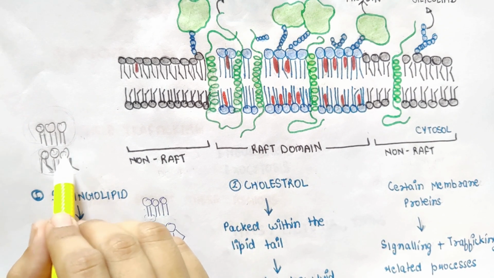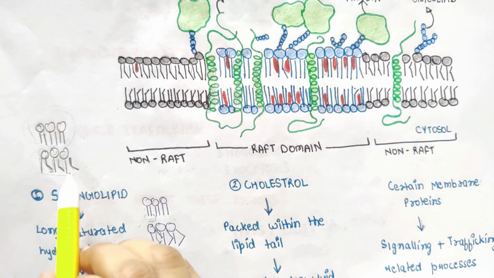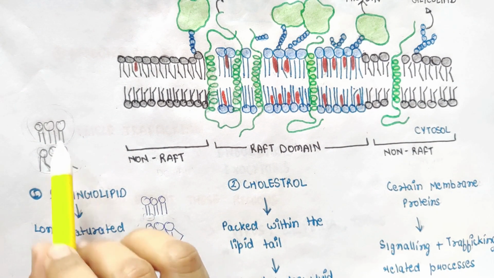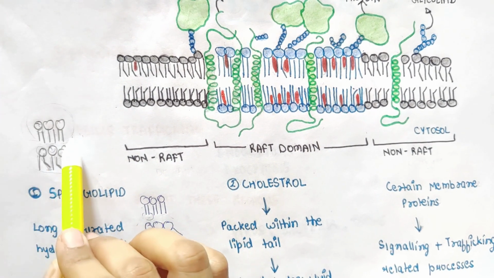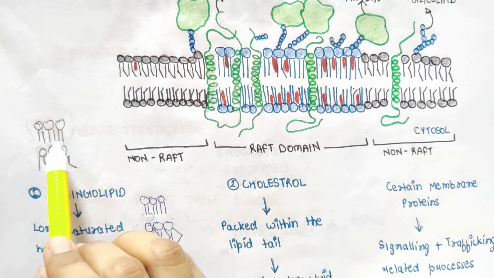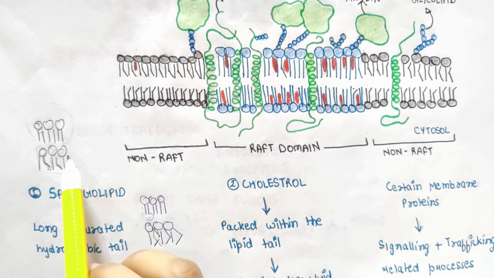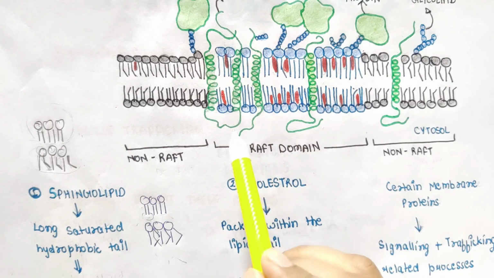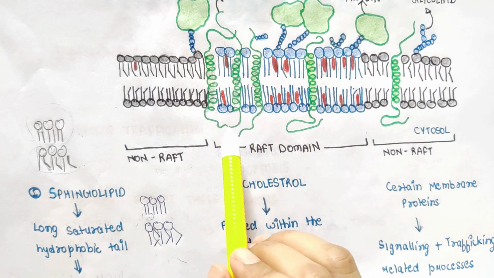If you compare these two structures, you can clearly see that the lipid with saturated hydrophobic tails looks more rigid. So due to the enrichment of sphingolipids, these raft domains are thicker and more rigid in nature.